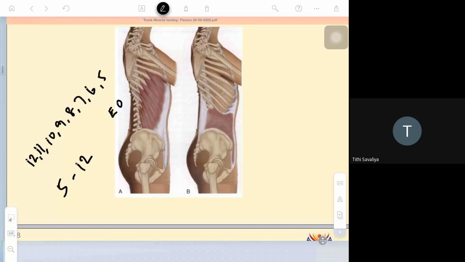Ribs are the proximal attachment. Clear? So this is 5th rib, this is 12th rib.